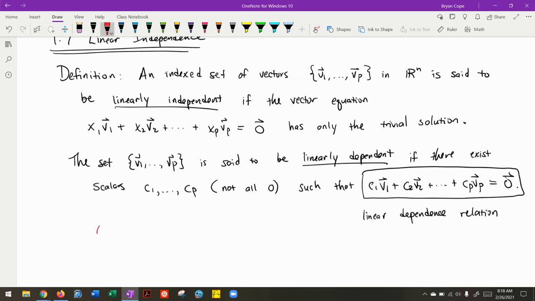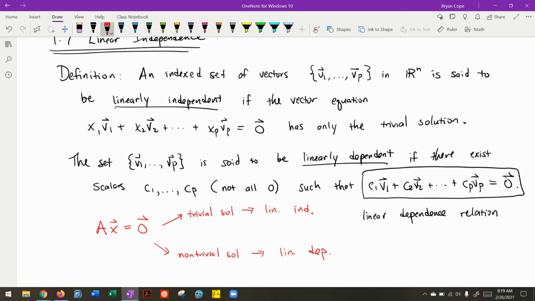This means that if we were trying to solve Ax equals 0, and we have only the trivial solution, then we have linearly independent. If we have at least one non-trivial solution, then we have linearly dependent.